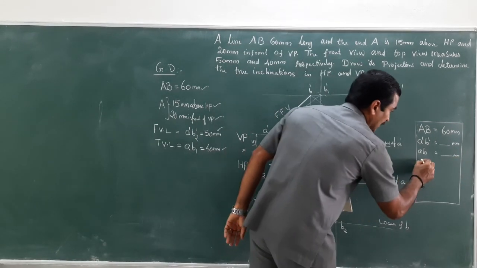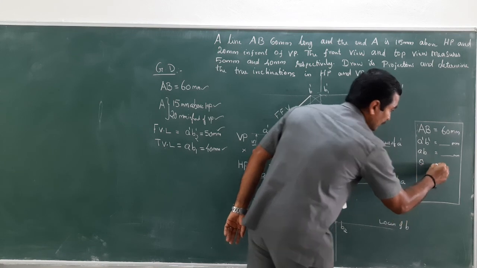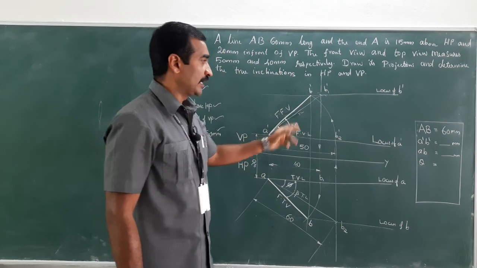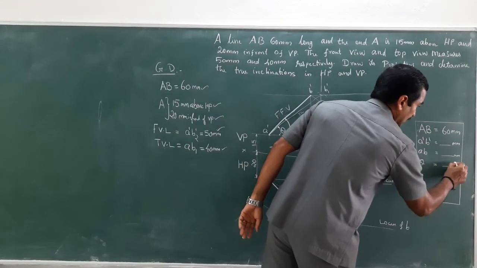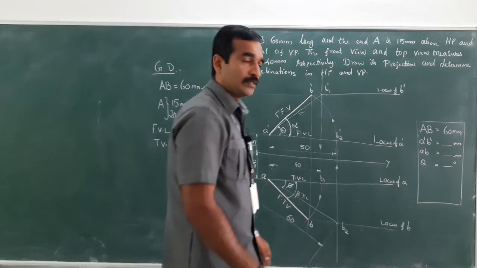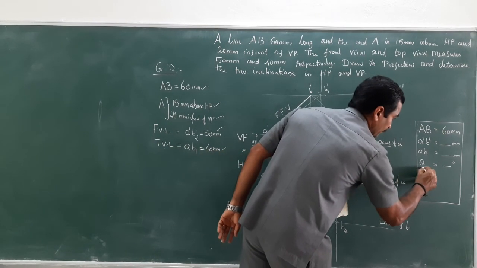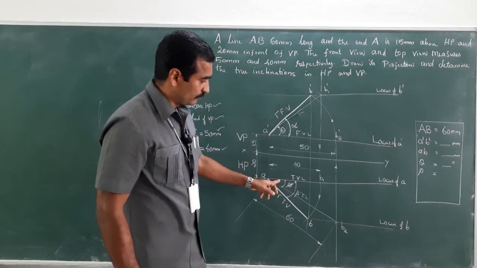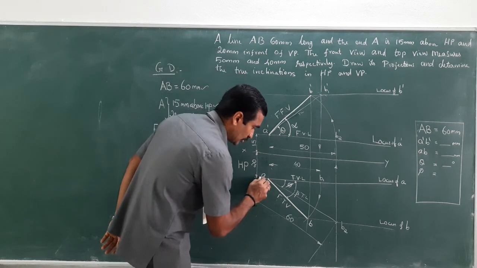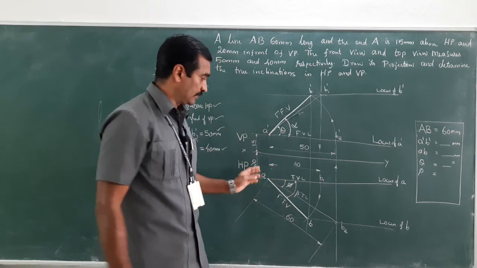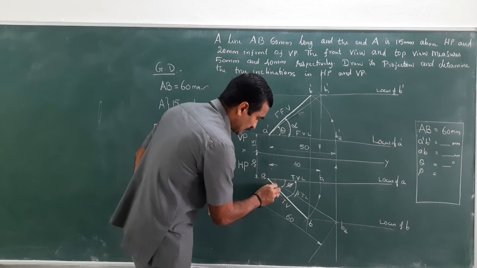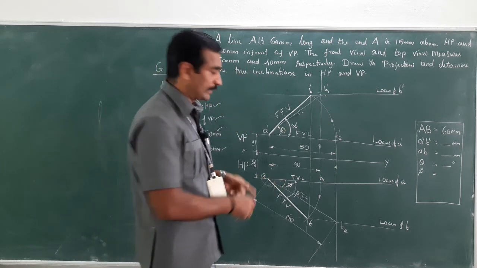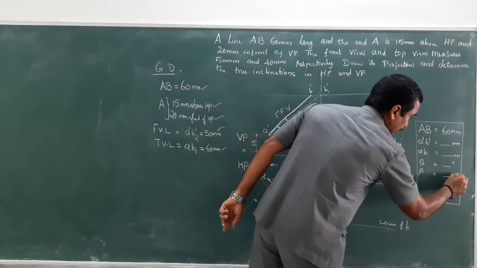Next, the angle theta is nothing but the true inclination with HP, so that will come in degrees, and phi, whatever value you get from here. So here what you have to do is keep the protractor in this manner and measure what exactly the value you get here, and reflect it over here.